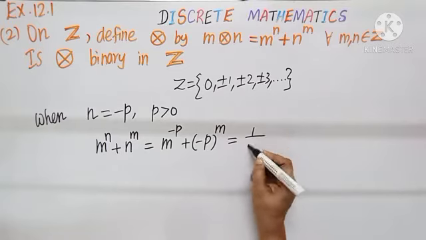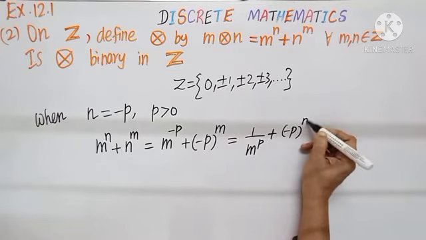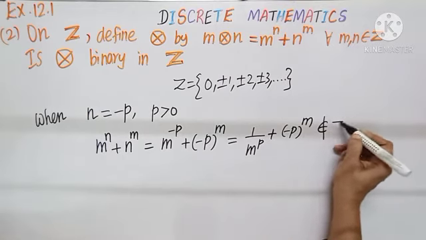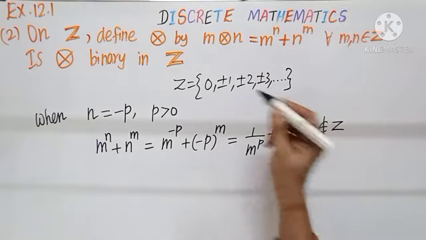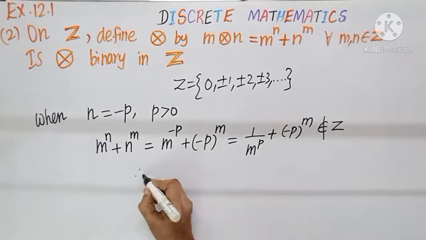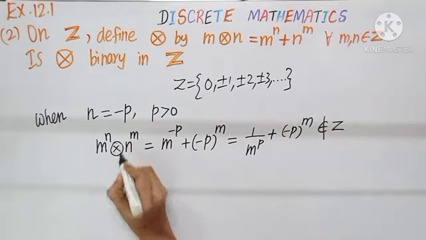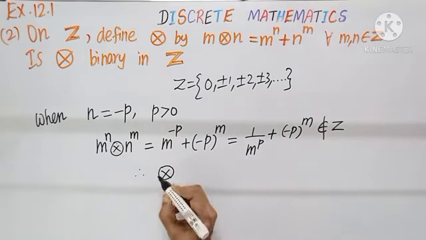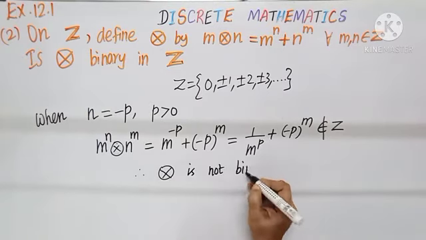This becomes 1 by m power p plus minus p power m, which does not belong to Z, because fractions are not in Z. Therefore, the operation that they give is not binary. So, we will say the given operation is not binary in Z.